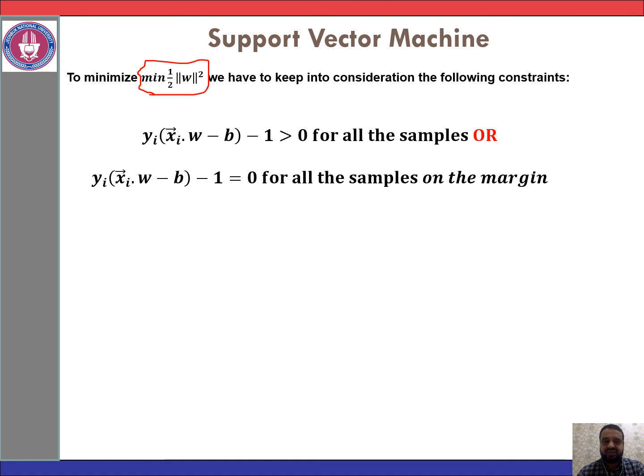So there is a constraint which is given by this equation. We need to consider this constraint also, and we will use the Lagrange multiplier to optimize this constrained optimization problem.